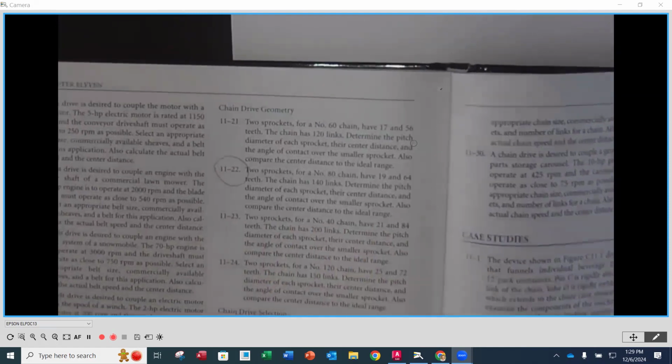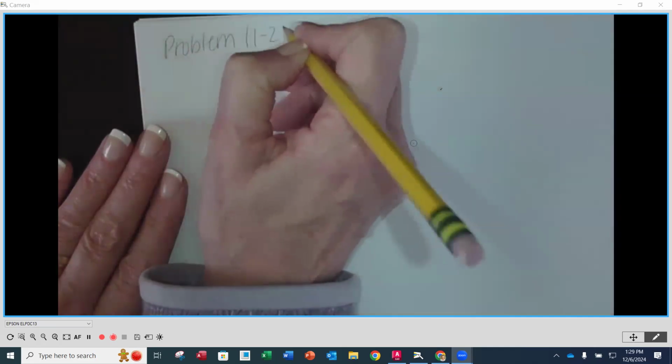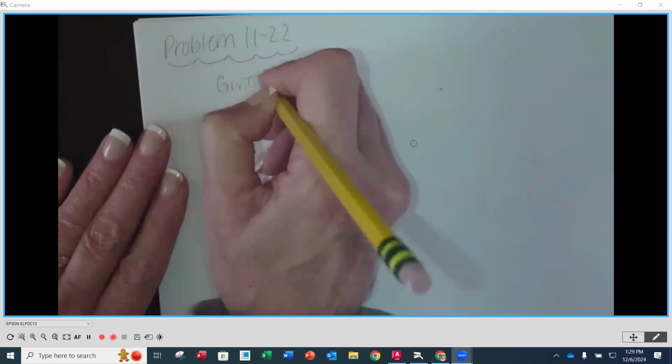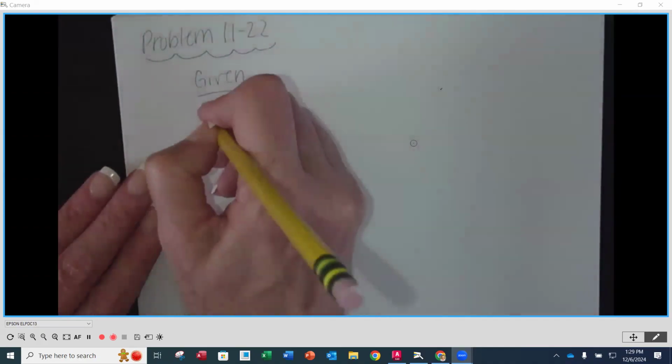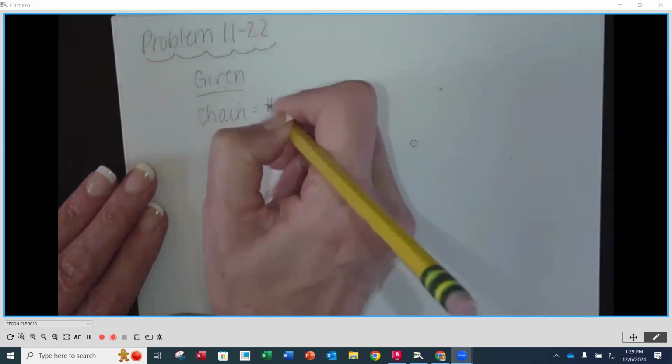Okay, so let's start off, because they kind of gave us a nice little list here. This is problem 11-22. What's given in this problem is that the chain is number 80.